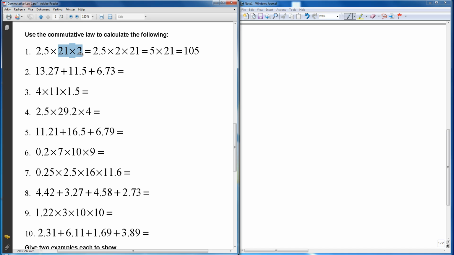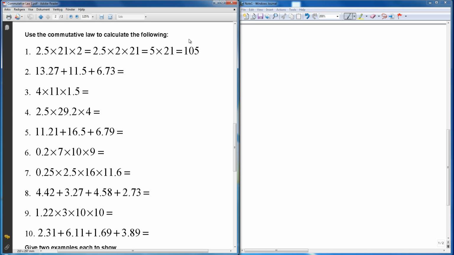So we move the 2 over here and 21 over here. So we have 2.5 times 2, and that one is easier. So 2.5 times 2 is 5, and then we take 5 times 21 is 105.